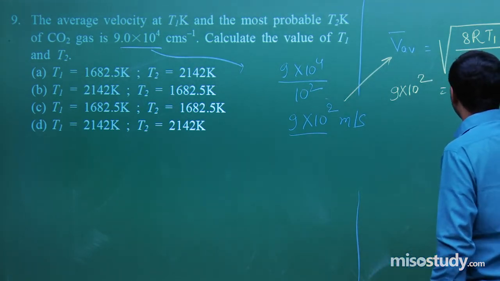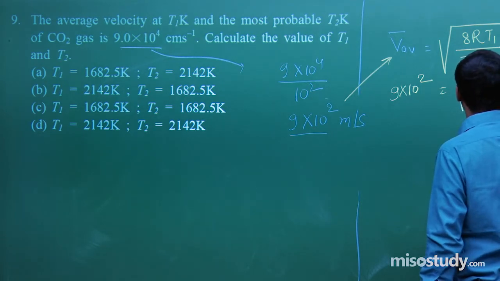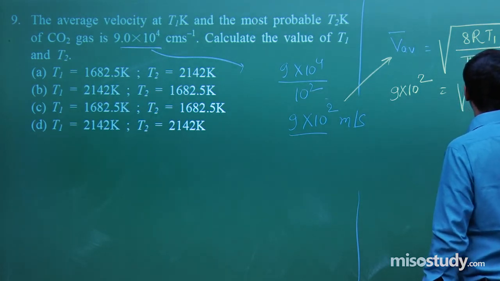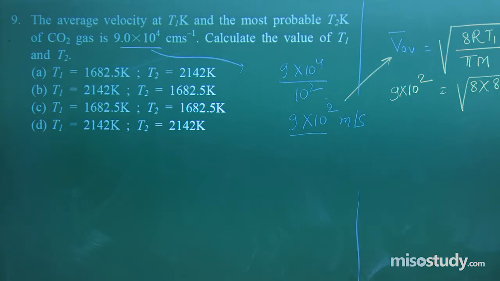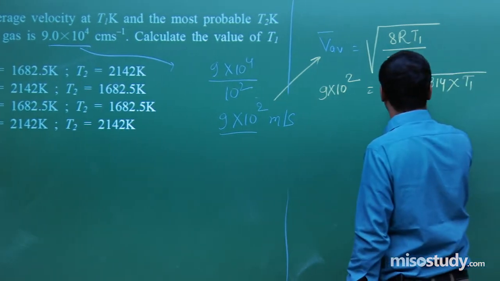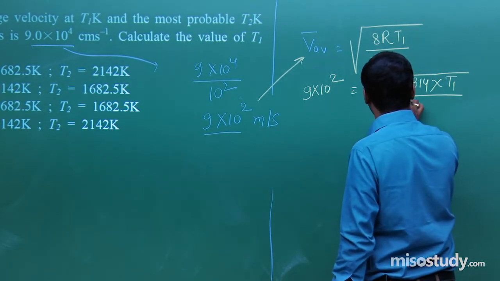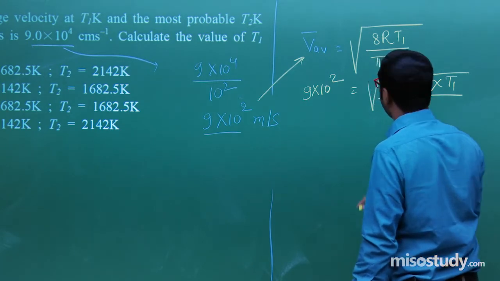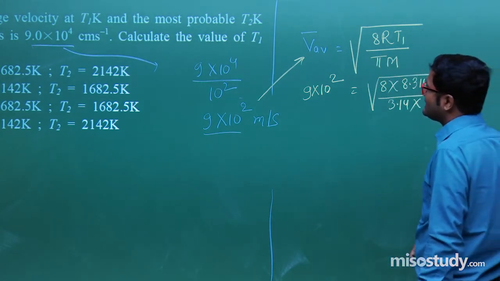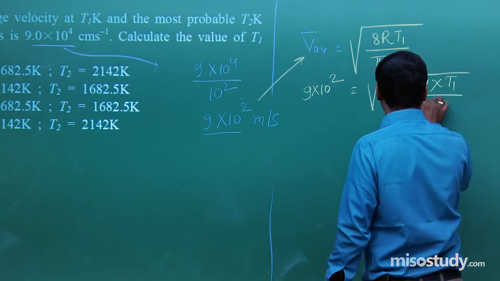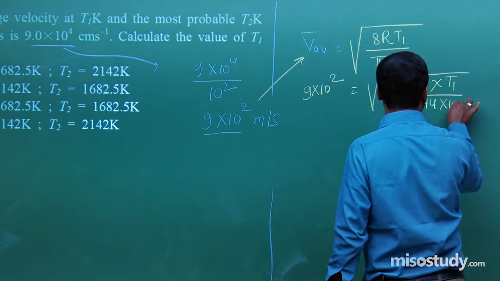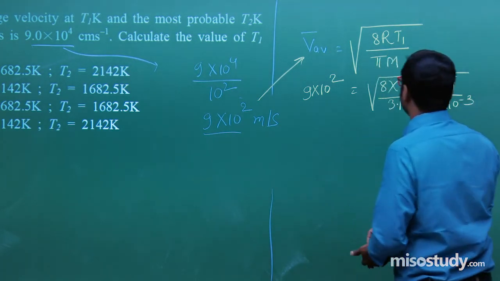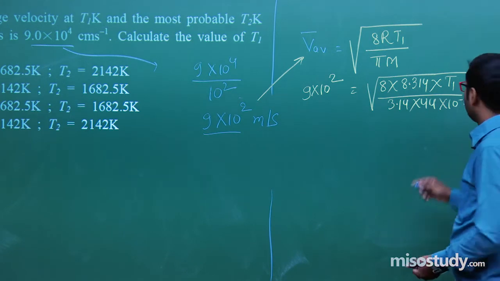We know the value of R is 8.314 into T1. What is the value of T1? We have to find the value of T1. Now the value of pi is 3.14 and for CO2, the molar mass is 44 into 10 to the power minus 3. We have converted into kg.